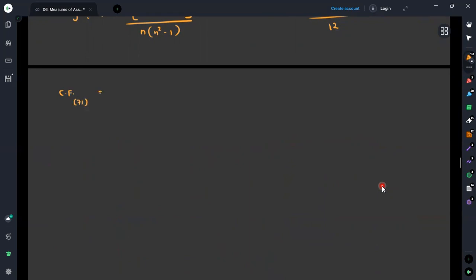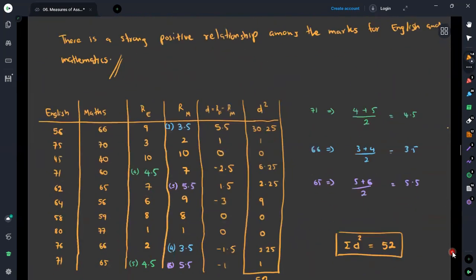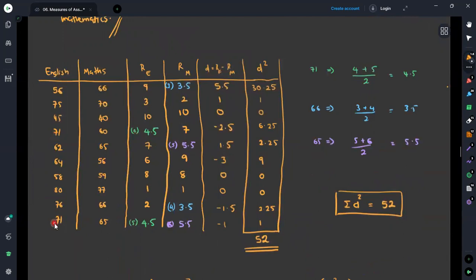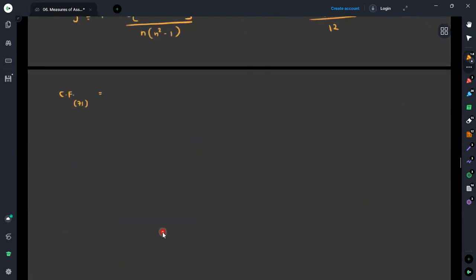Here we can see that 71 has repeated 2 times in this column, so m equals 2. Then 2 squared minus 1 over 12. If you perform the calculation, we'll get this value as 0.5.